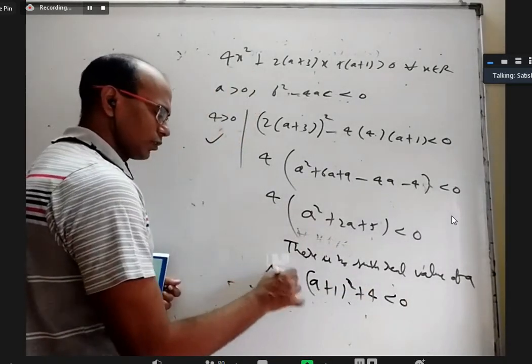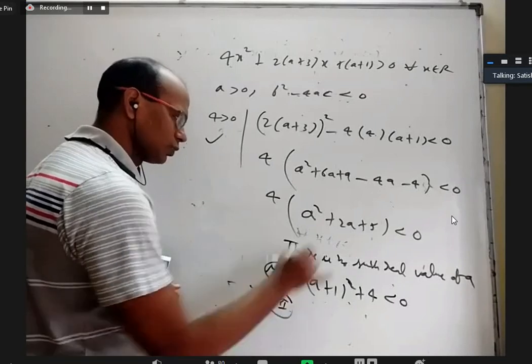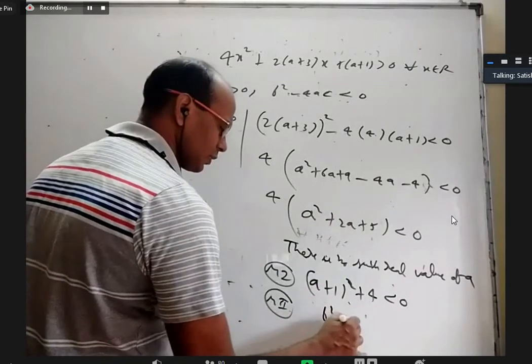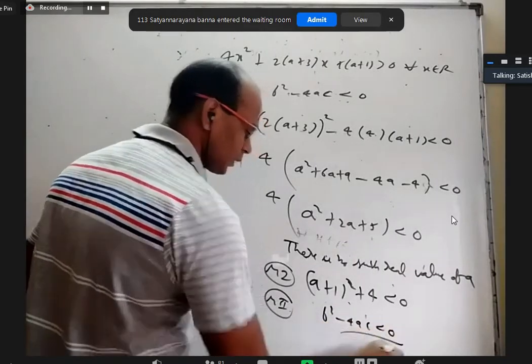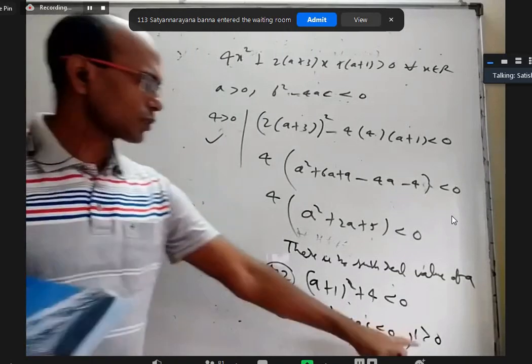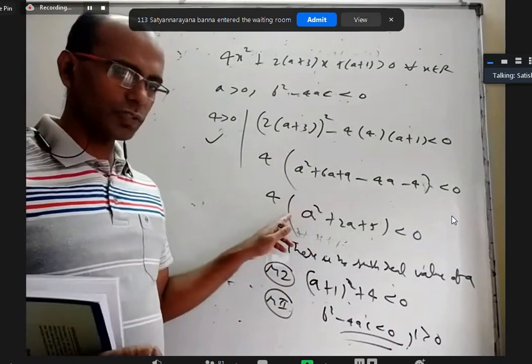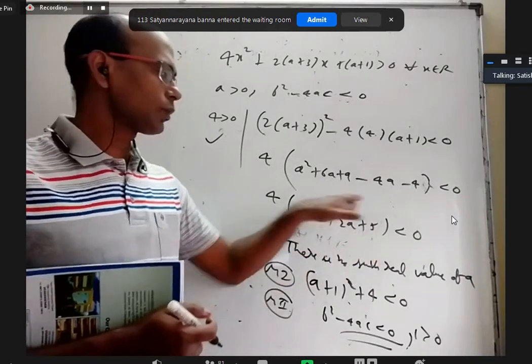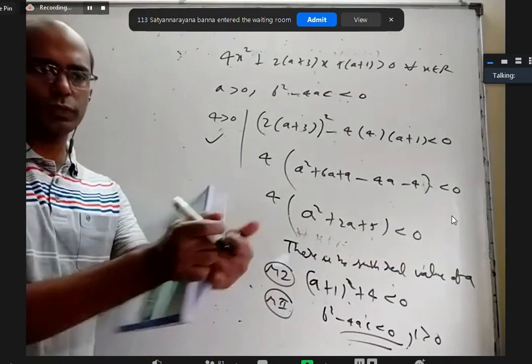Okay, this is method 1. Or method 2: for this, the leading coefficient is positive and b square minus 4ac is negative. So it will be always positive, but they want it to be negative, so there is no solution.